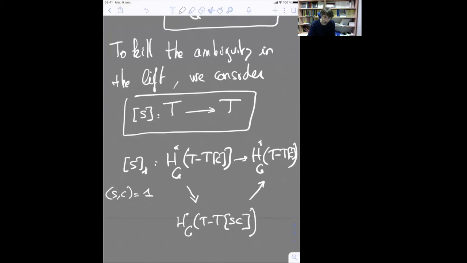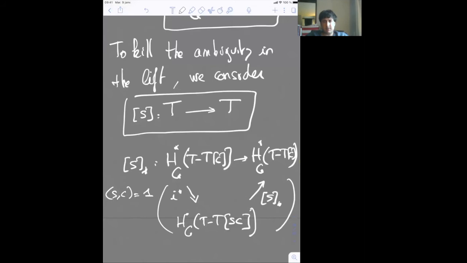So the map here, in fact, should be really a restriction map composed with the push forward map here, but I can just forget it and consider this push forward map here. Okay.